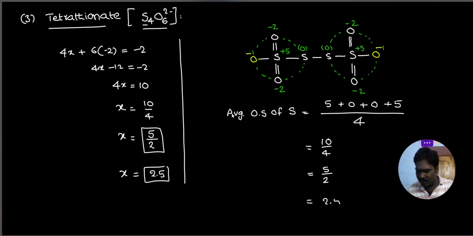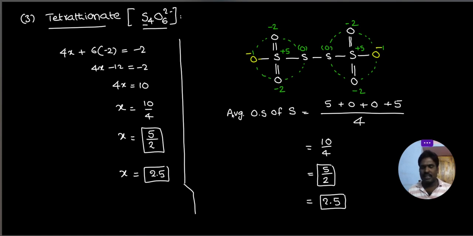That means 2.5. Clear? Understood? So very important: what is the average oxidation state of sulfur in tetrathionate? 2.5 or 5 by 2.